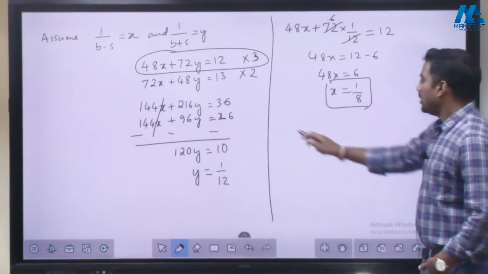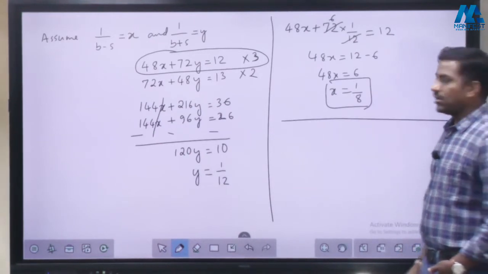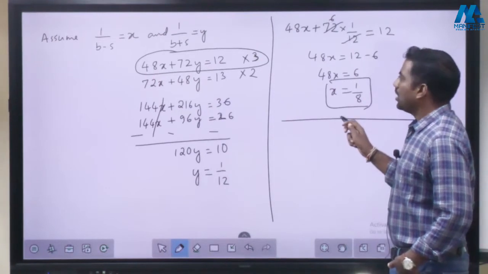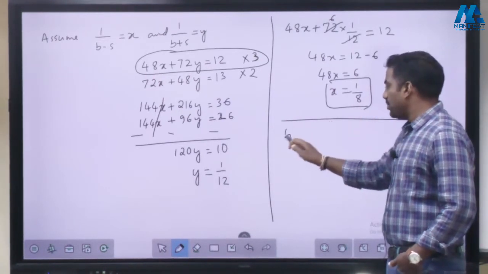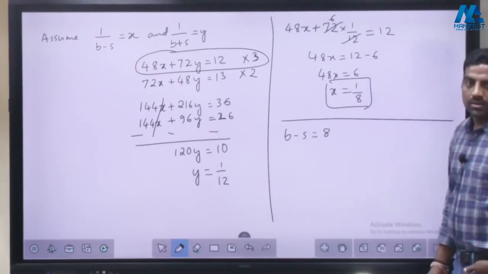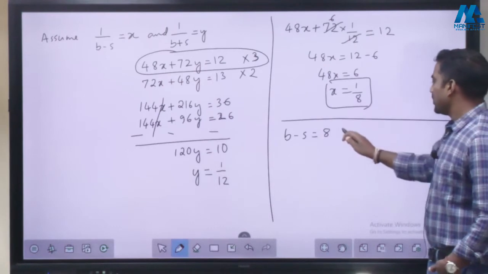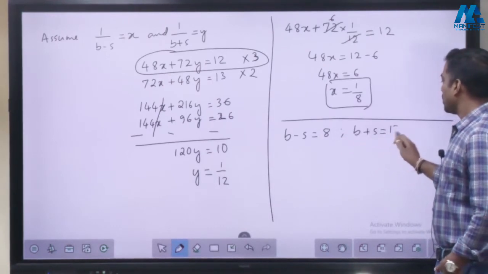Now look at the real values of x and y. 1 by b minus s is equal to 8. So can I write b minus s is equal to 8? Similarly, b plus s is equal to 12.